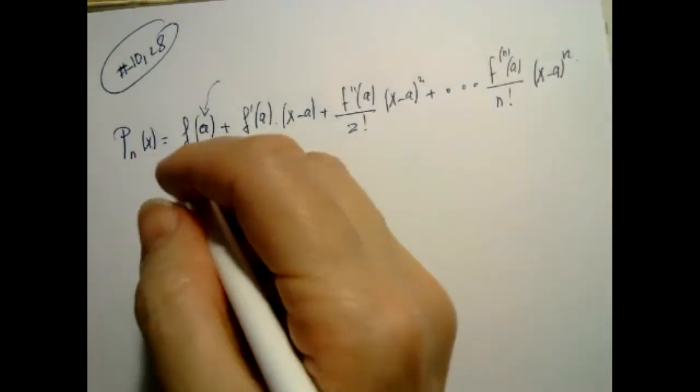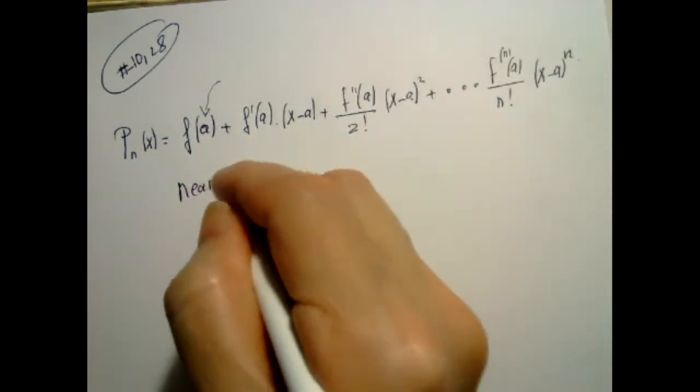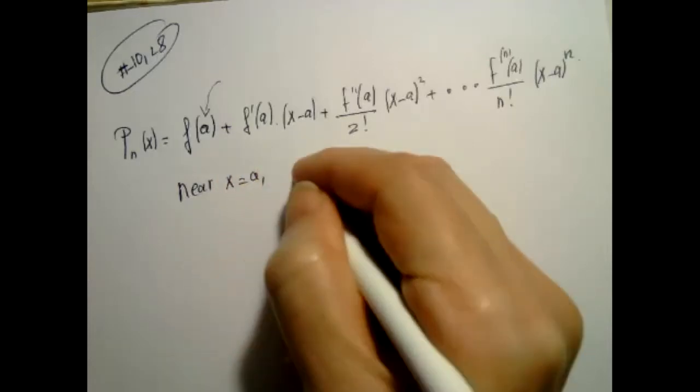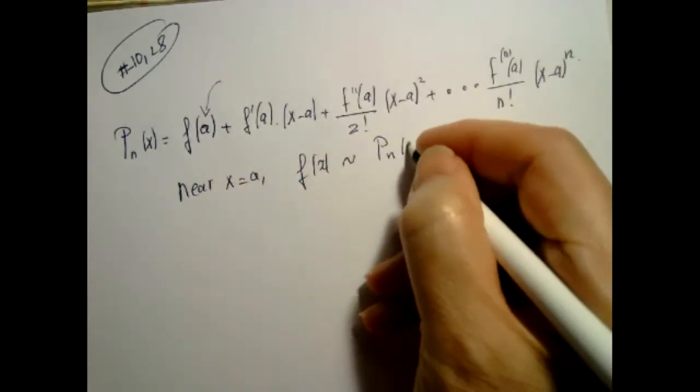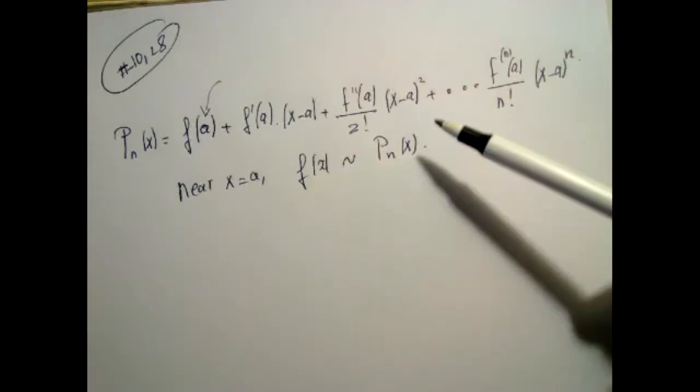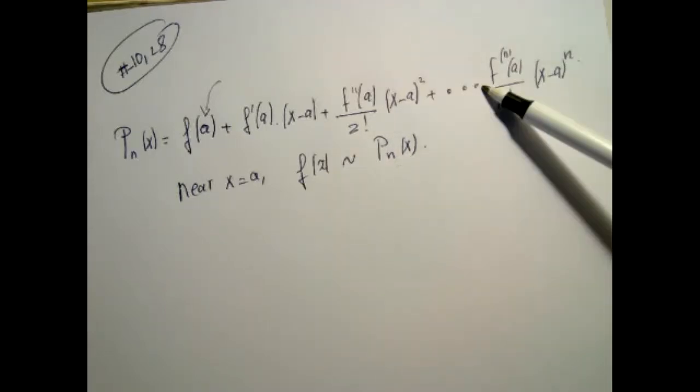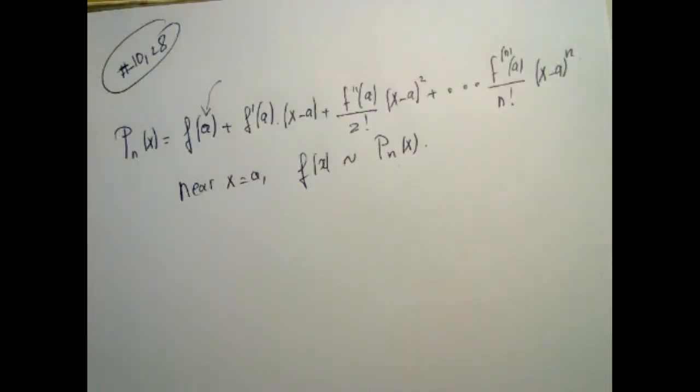The idea is that near x equal to a, the function f can be approximated by its Taylor polynomial. The higher the order, the better the approximation. That's really the idea. So let's look at number 10 and 28.